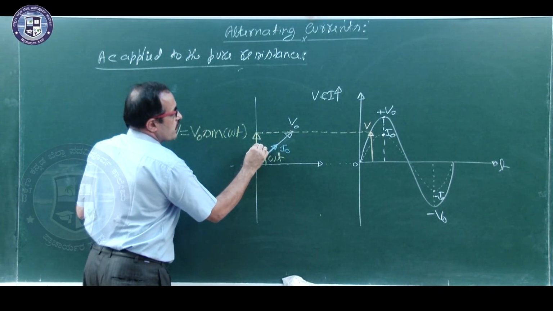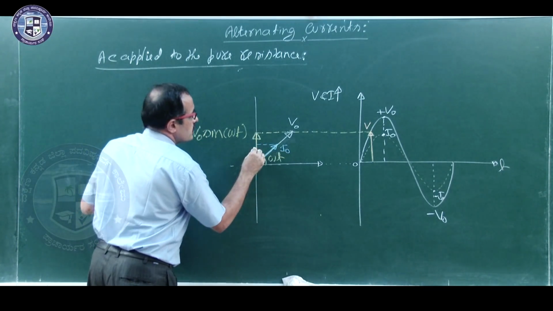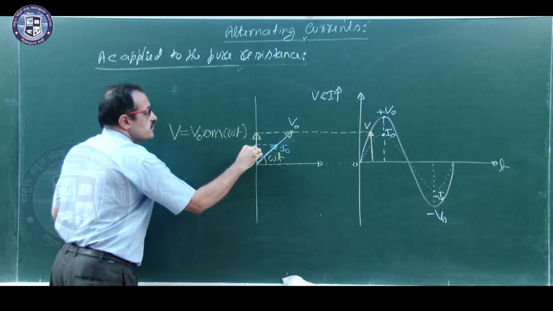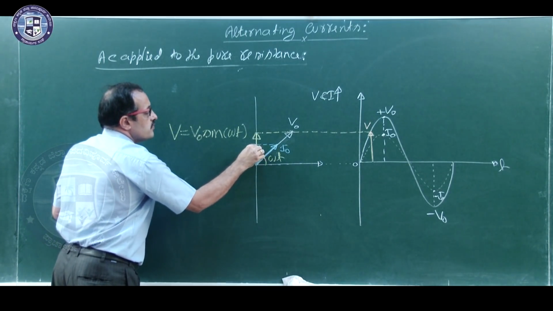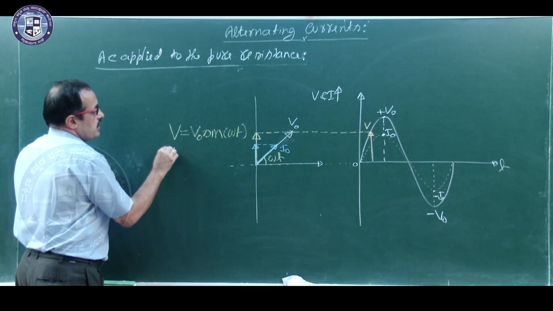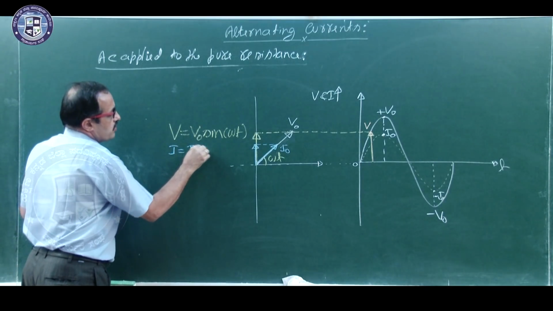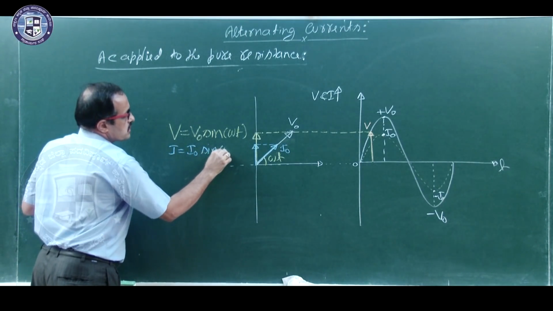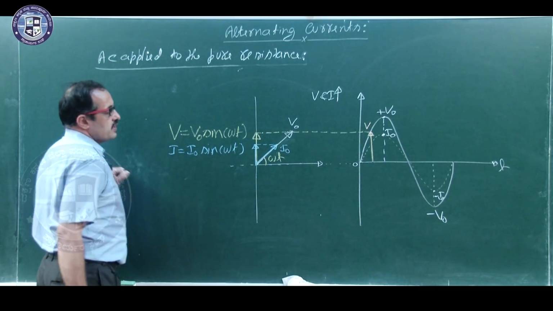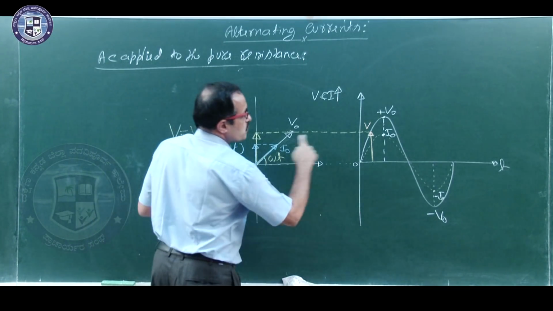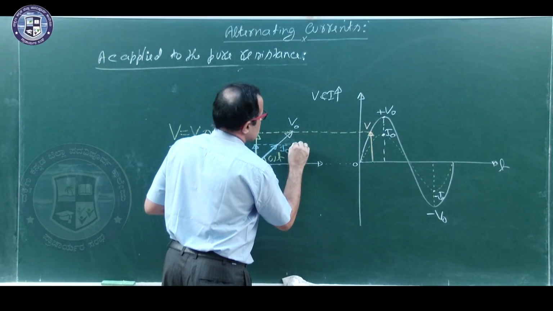And find out its y component. That y component is I is equal to I naught sin omega t, and this instantaneous value is taken to the graph.